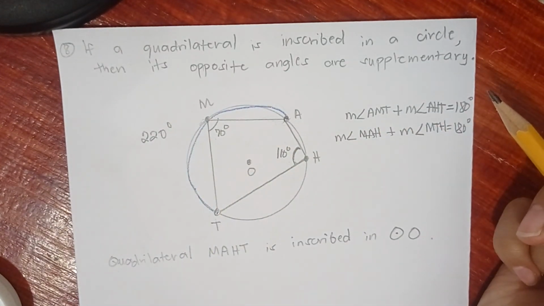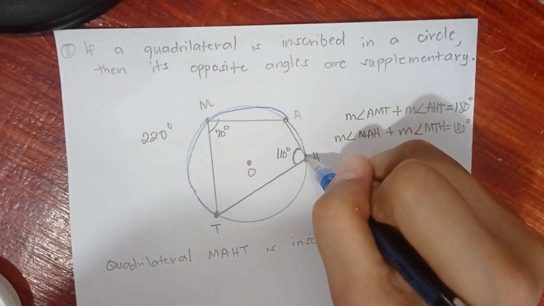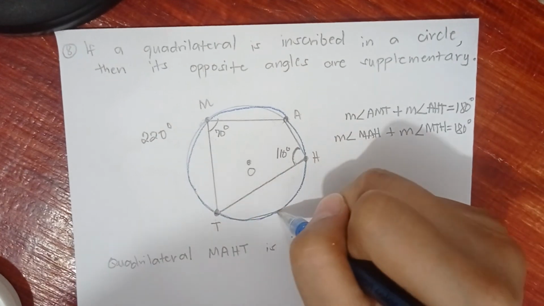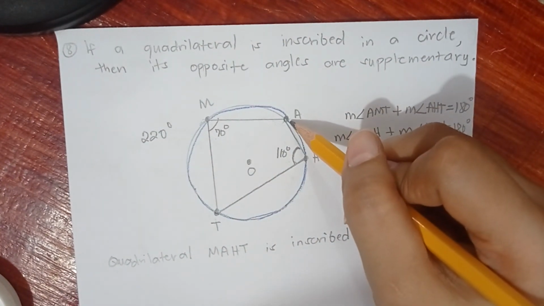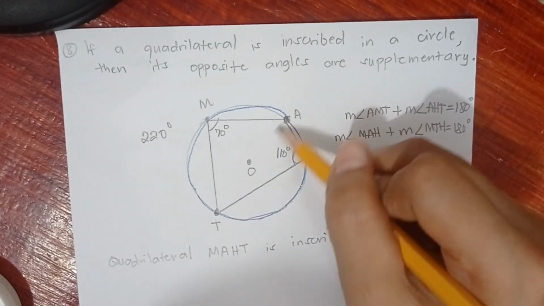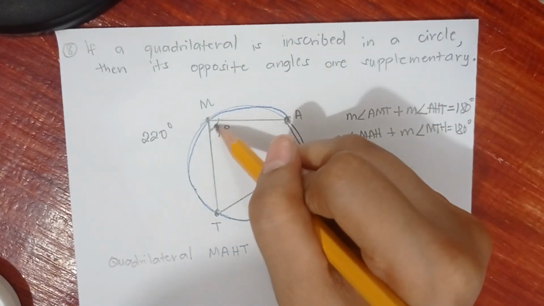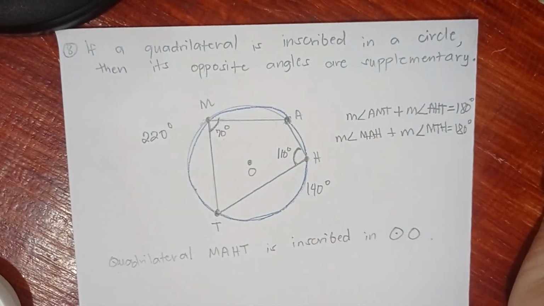Okay? Tapos, ano magiging measurement nito? Point A or arc AHT, itong kabila. So, anong inscribed angle niya? Ito. Diba? A tapos T. Yan. So, this is 70 times 2. This will become 140 degrees.